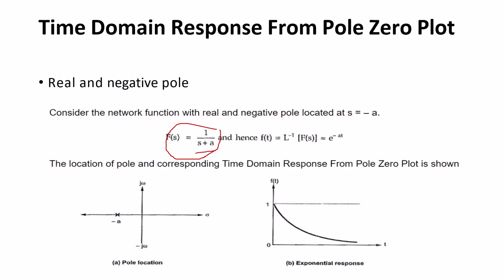So if we have negative real poles in the S plane, the response we get is an exponential response of e to the power minus at. For poles which are real and negative, the time domain response looks like this, so it shows a stable system. When the system response goes towards infinity, it is considered an unstable system.